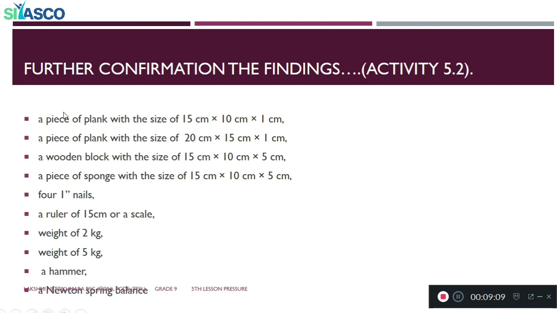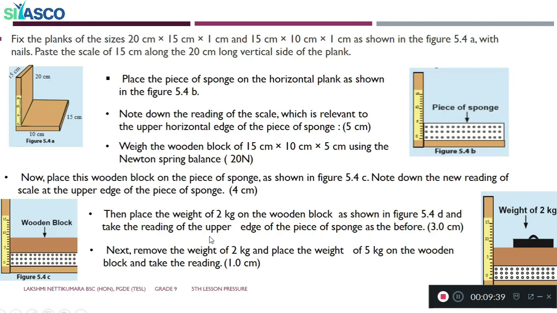So these two are wooden planks having the similar width. Again, a wooden block you need to get 15 into 10 into 5 centimeter, and a sponge with the size of 15 into 10 into 5 centimeter. Here these widths are similar. And you need 4 nails, a ruler or a scale, and two weights of 2 kg and 5 kg, a hammer and a Newton spring balance.